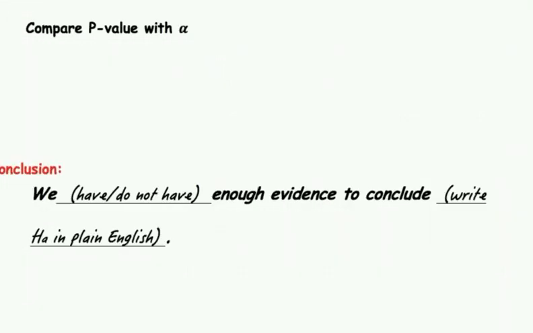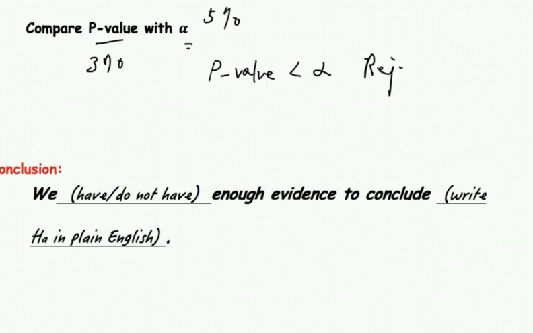After finding our p-value, we have to compare p with alpha. Our p-value is 3%. Alpha was given to us by the question as 5%. So clearly, p is smaller than alpha. Now what's our conclusion? We reject the assumption.